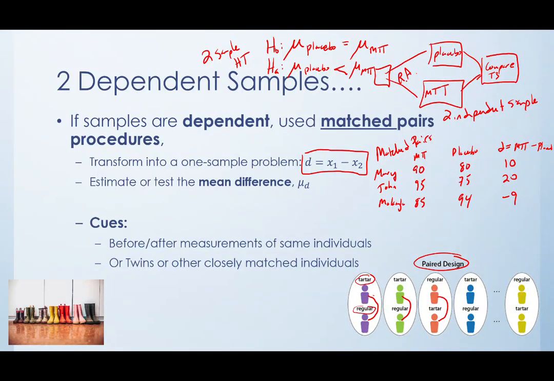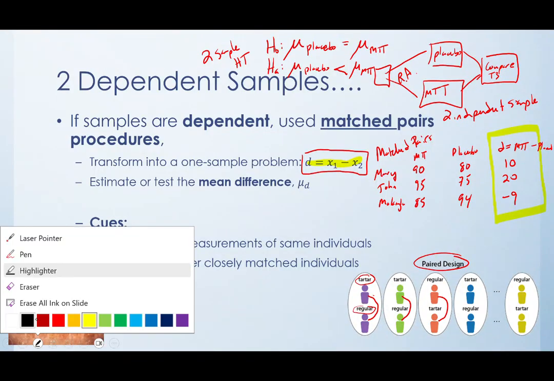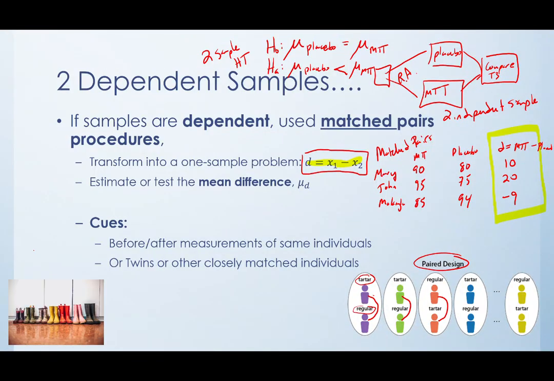And so here, now, when we do our hypothesis test or our confidence interval, we're not dealing with the original data anymore. We're going to be dealing with this new variable, the difference, okay, which is why we call it D. And so we will be estimating or testing, depending on if you're doing confidence interval or hypothesis test, the mean difference, which we're going to call mu sub D. And it's going to be important that you define that.